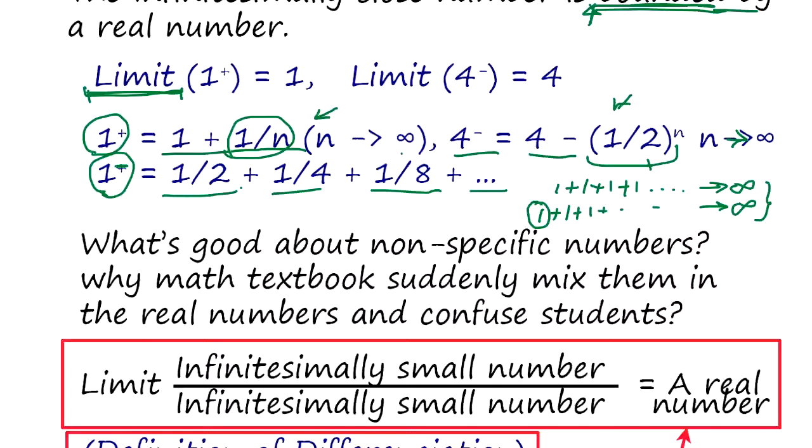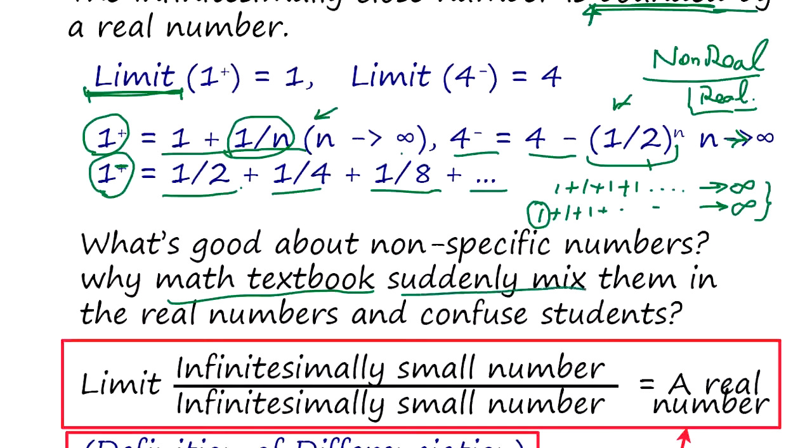And then, why in the math textbook do they suddenly mix those non-real numbers into what you have learned so far, which is real numbers in high school, and confuse the student? See, this is the problem with the math textbook.